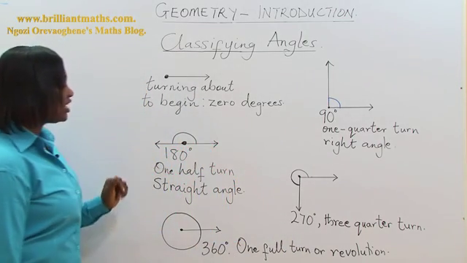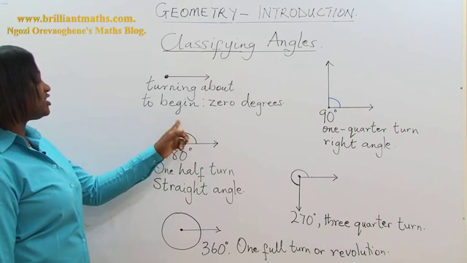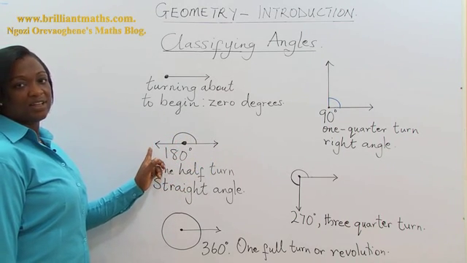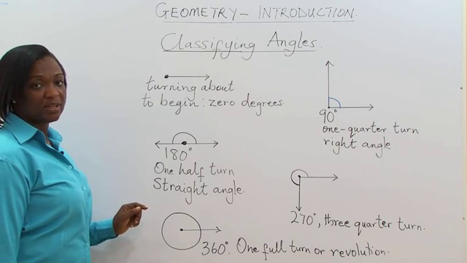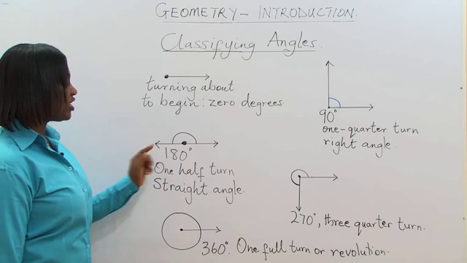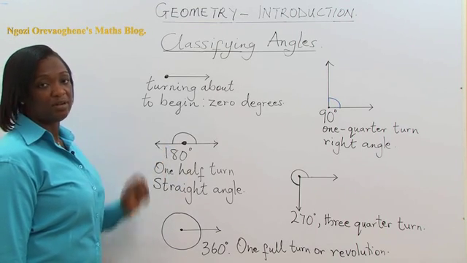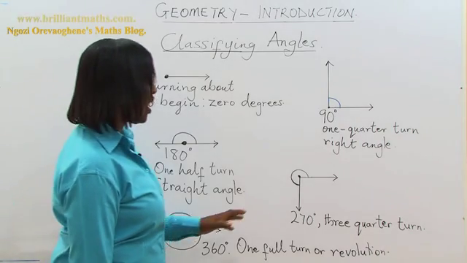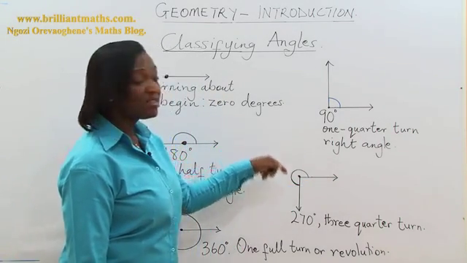At this point, the line has turned from east and it's now facing the west. This is an angle of 180 degrees. It is also called a straight angle or half turn. And then we have the angle turning from east facing south.